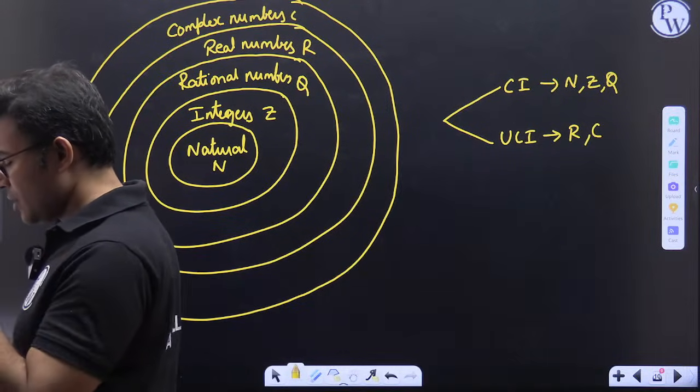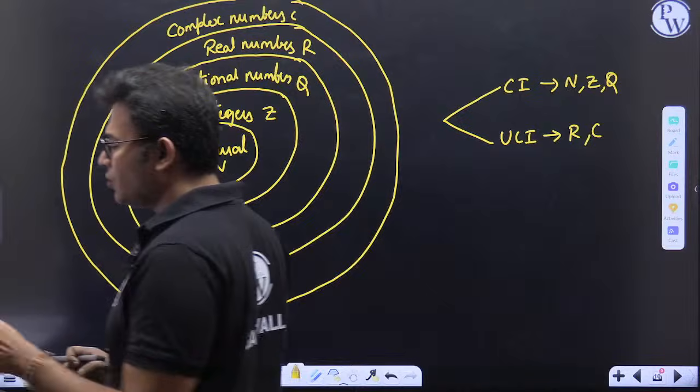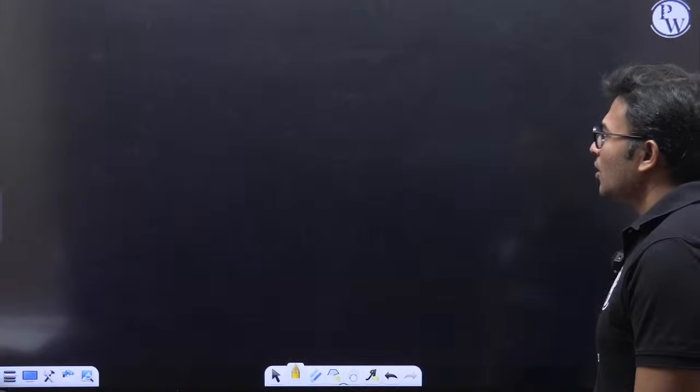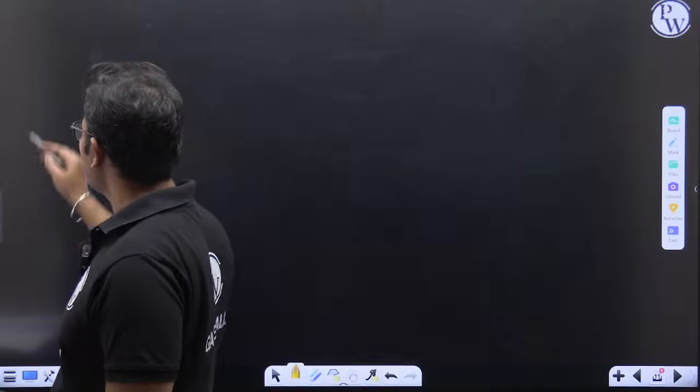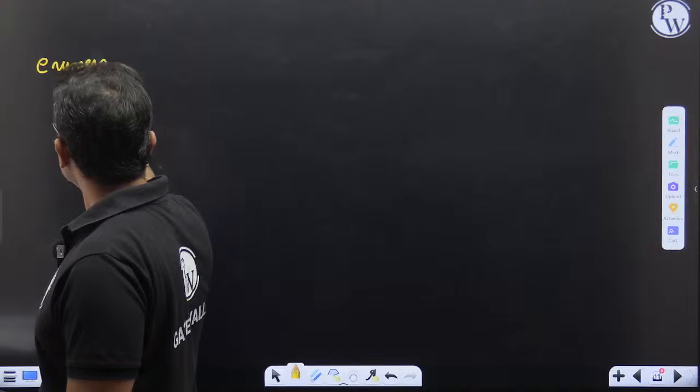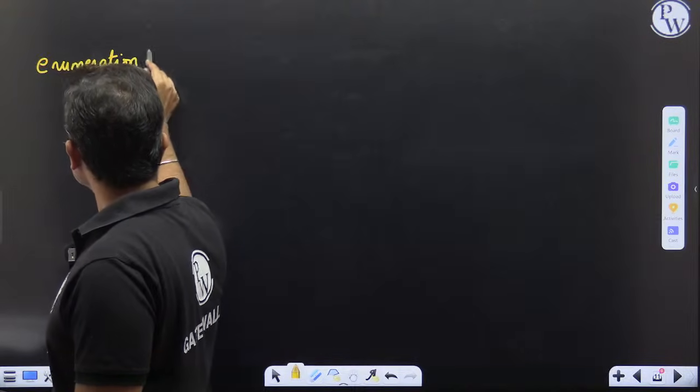Now let us see how rational numbers are countably infinite. Okay. So we are going to see the enumeration procedure.